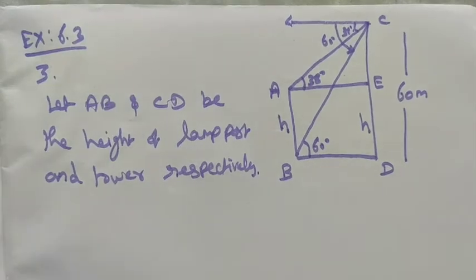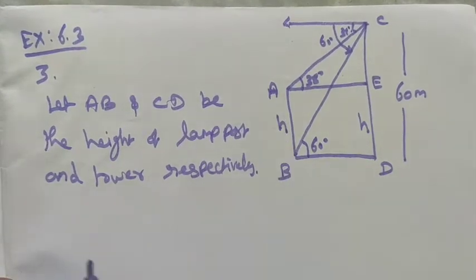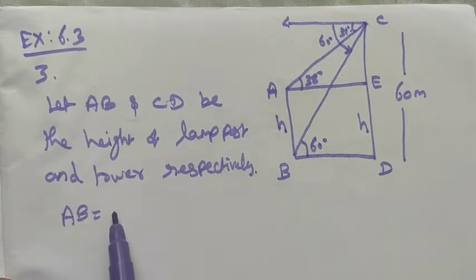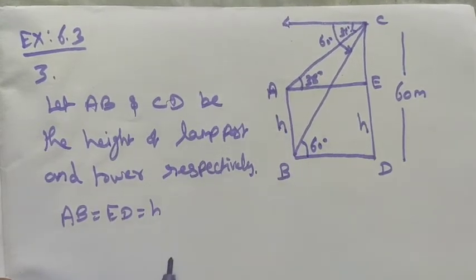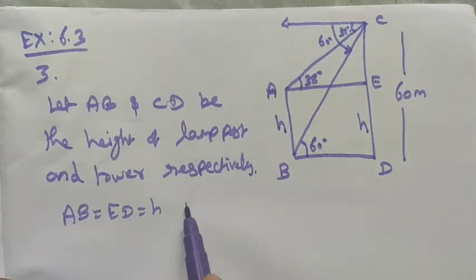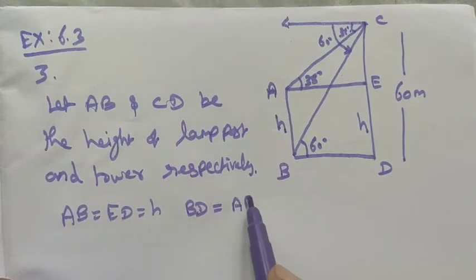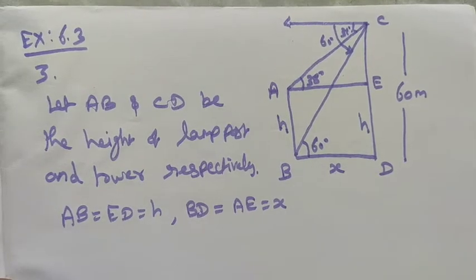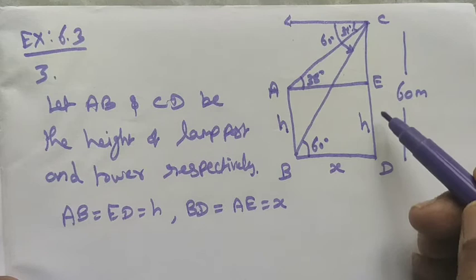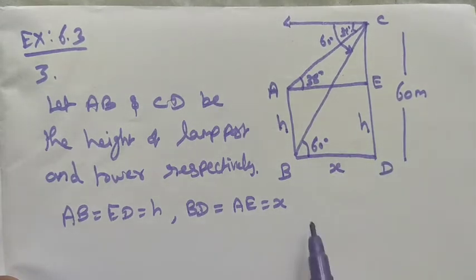Then AB is equal to ED is equal to H, and BD is equal to AE is equal to X. Let me take this distance as X.